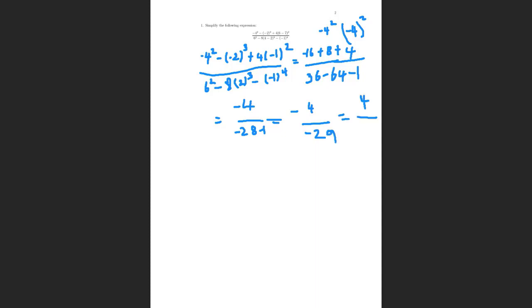So anyone have questions on this one, or is this one easy enough? Assuming easy enough? Okay, I'll assume it's easy enough.